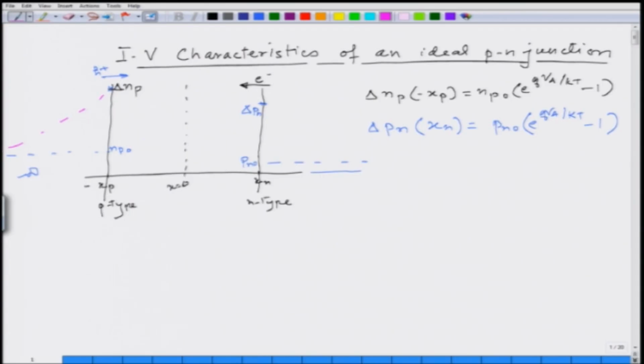So, the electron concentration from the edge of the depletion width has to reduce to the equilibrium electron concentration on the p side. Similarly, on the n side, the hole concentration from the edge has to somehow reduce to the equilibrium concentration on the n side, and this is what we need to solve, what this concentration profile is going to be.